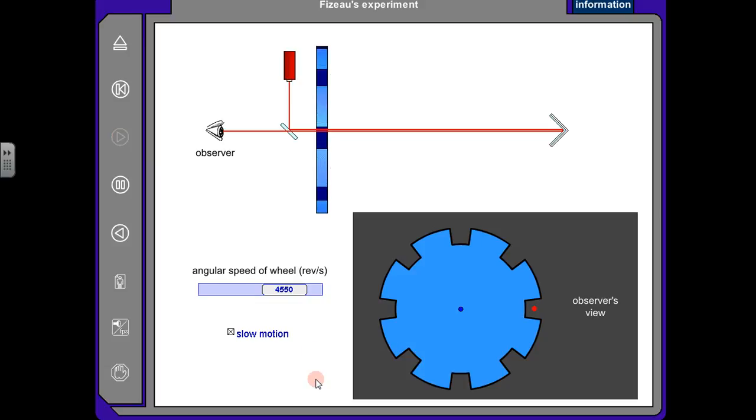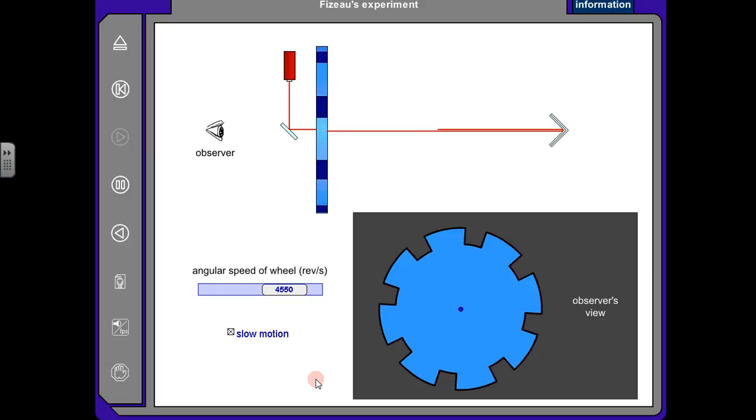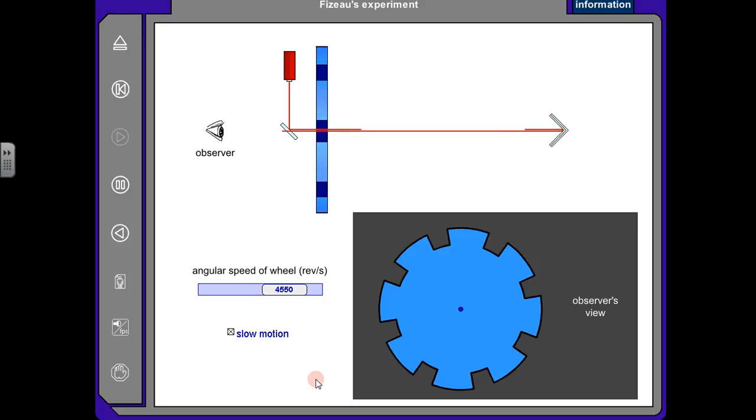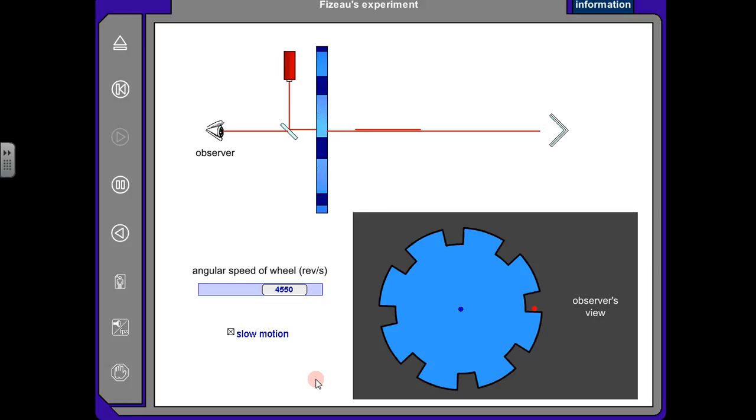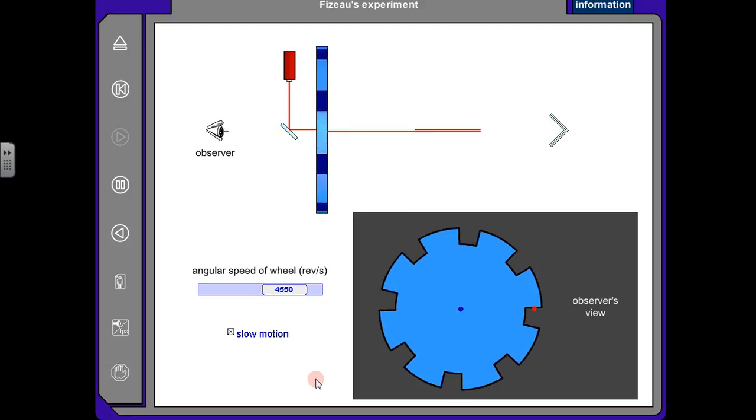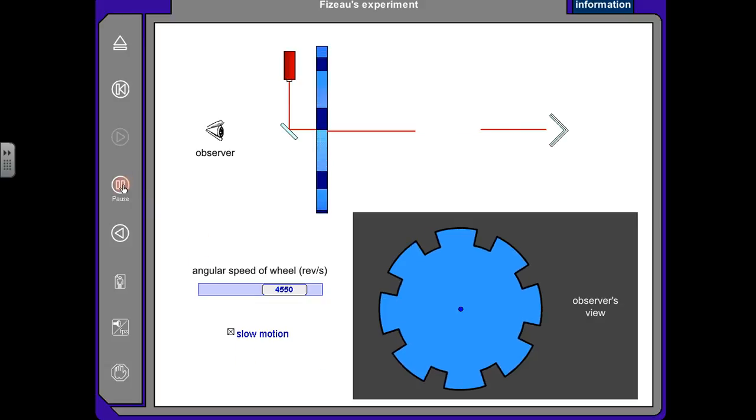Okay, this is our last time to do a measurement. And look at a ray first. Here it comes. And we'll get ready to pause this for a moment after it turns around in the mirror.